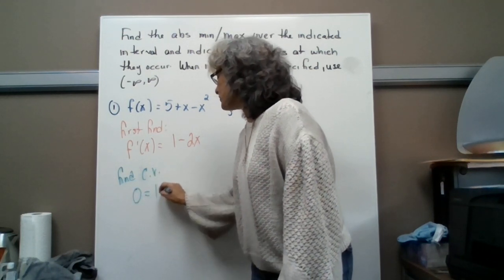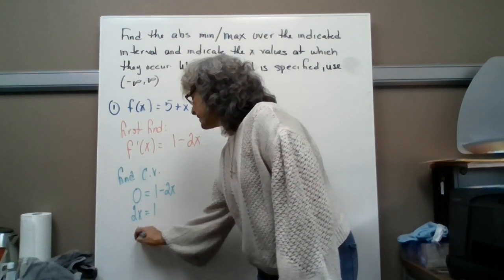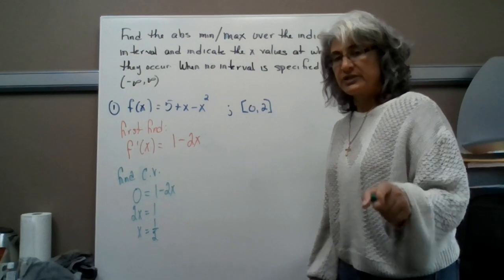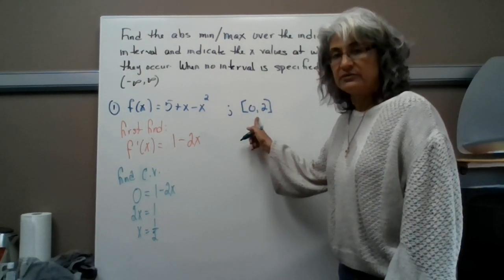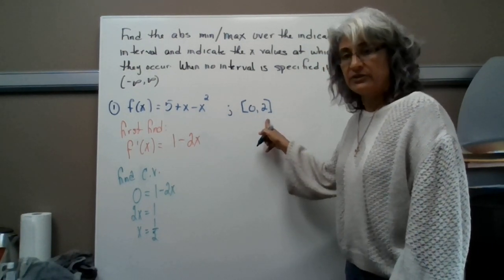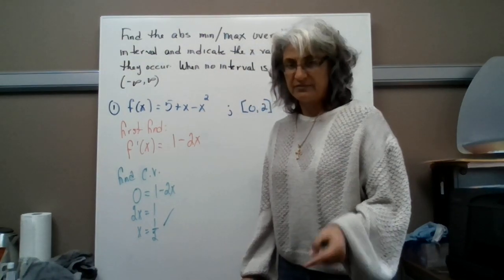So set the first derivative equal to 0. Solve it. I end up with 1/2. It also said to make certain the critical value lied in this interval. Does 1/2 lie between 0 and 2? Yes, it does. So check. I can use it. Okay?